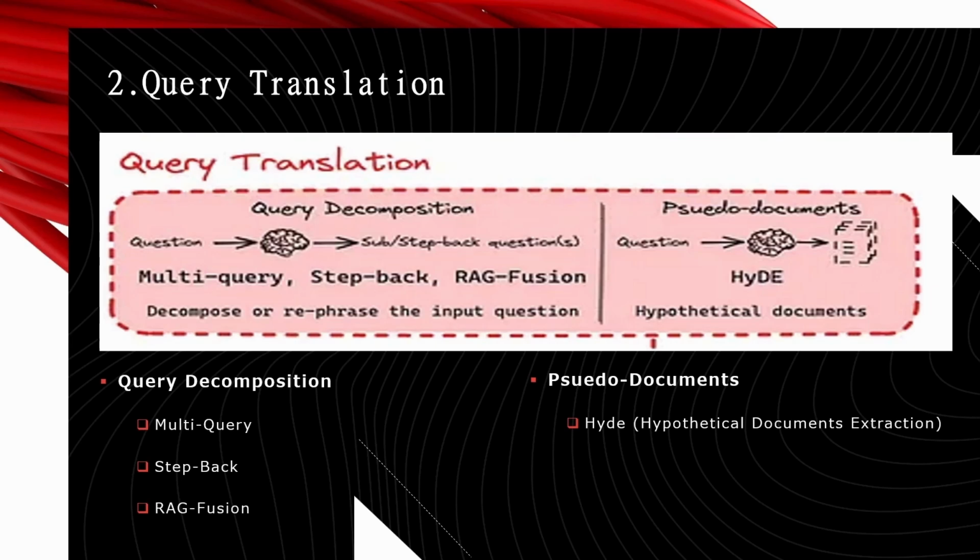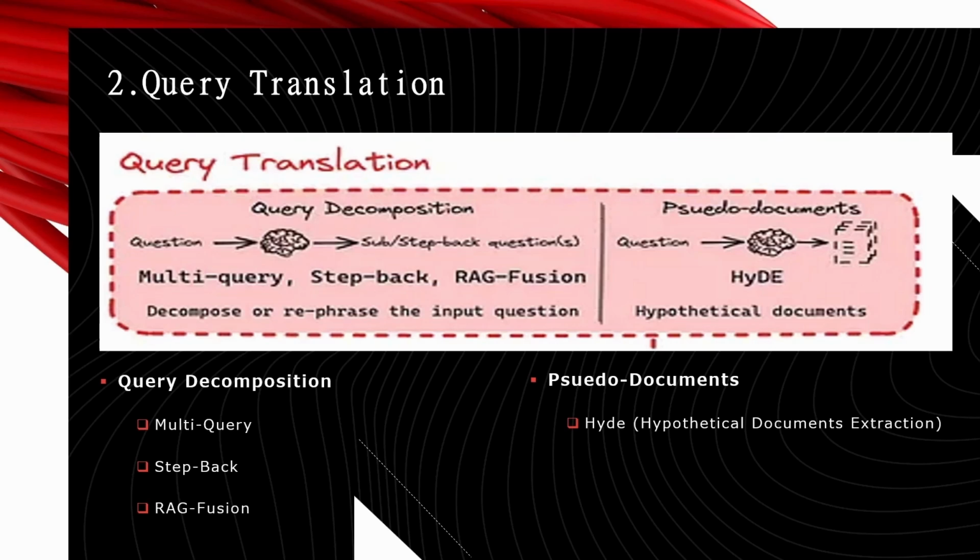Rather than doing the similarity search between the query and the vector DB, the response generated by the LLM based on the query is used to do the similarity search with the documents stored in the vector DB. We are not doing a similarity search between the query and the documents. We do the similarity search with the hypothetical answer generated by the LLM.